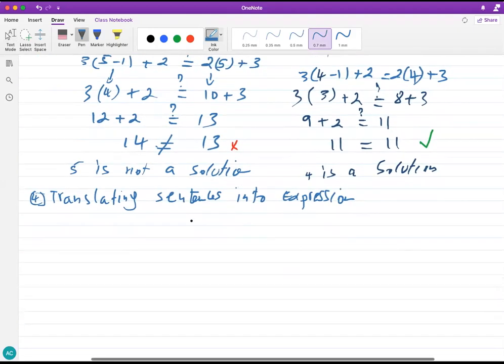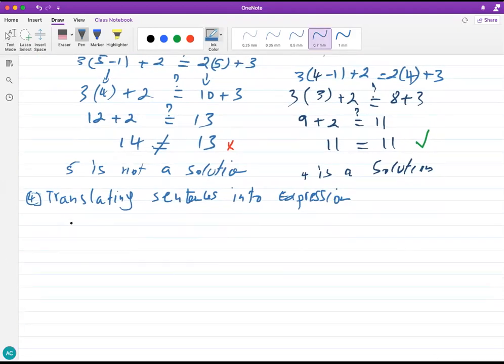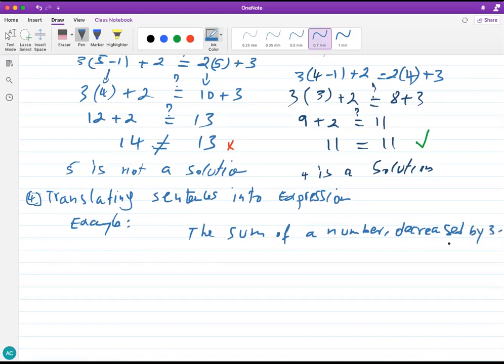All right, so we're going to try to translate some sentences into expressions. First example. So the sum of a number decreased by... Okay, this is an algebraic expression, but it's actually not written as an expression yet.